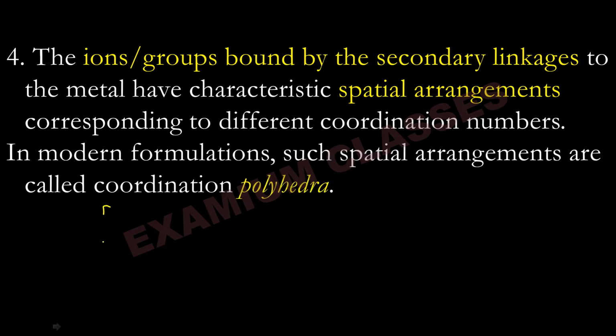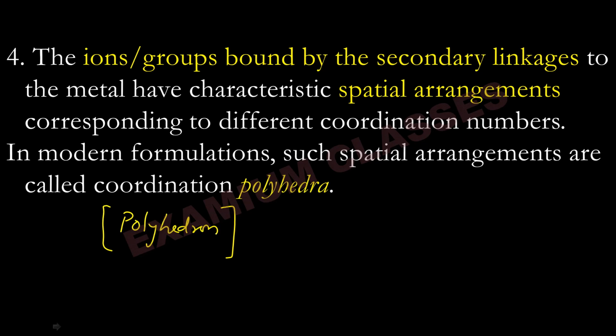Whatever is inside the square bracket is known as a polyhedron. We call it polyhedron, where polyhedra is the plural, when we are talking specifically about their spatial arrangement, meaning the 3D structure. Otherwise, we normally call it a coordination entity, nothing else.